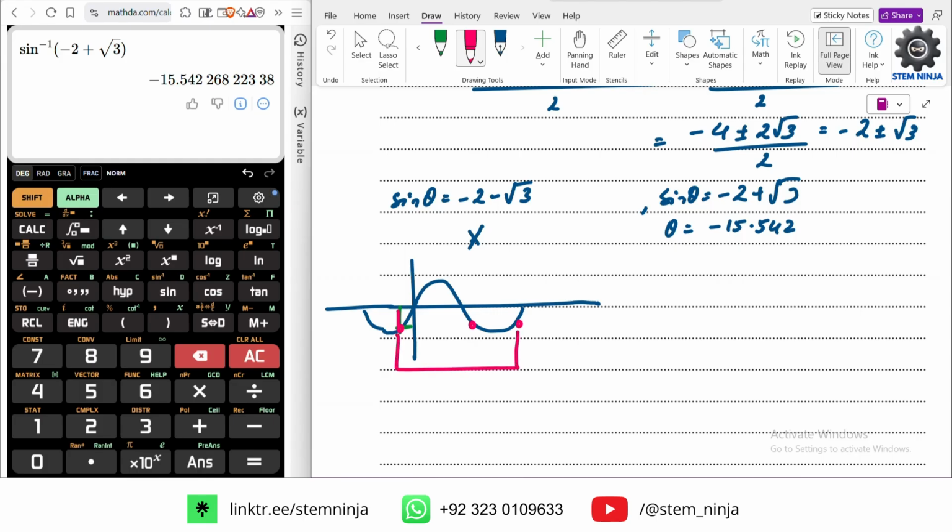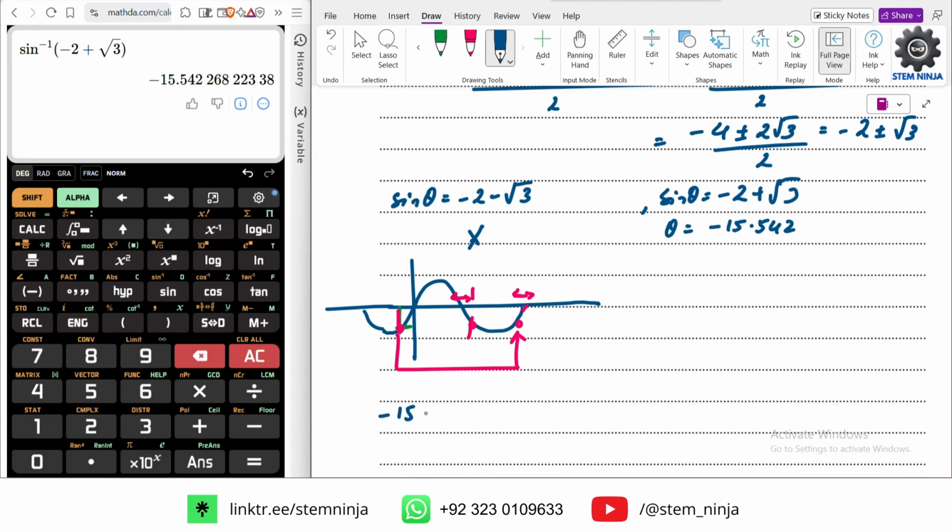So one point would be exactly 360 degrees away, and the other one, we need to see where this goes. So for the other one, because sine is symmetric, the distance between this and 360 would be the same distance between 180 and this one. So the symmetry of the graph, we have to take care of that.